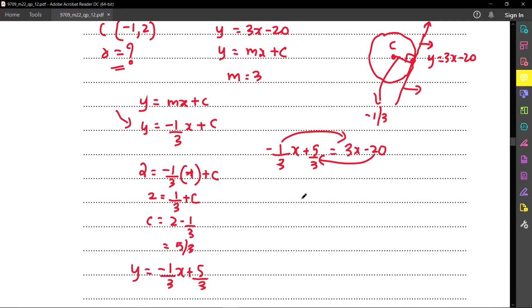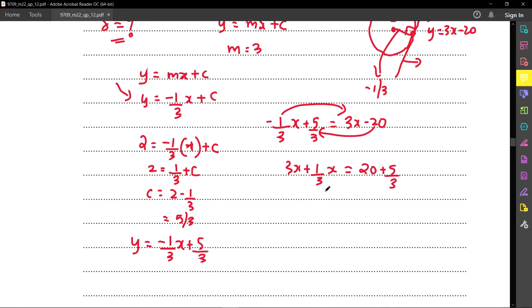You get 3x plus 1 by 3x equal to 20 plus 5 by 3. So this will give you 3 times 3 is 9 plus 1, 10 by 3x equal to 3 into 20 is 60, 60 plus 5, 65. Cancel the 3 and the 3.